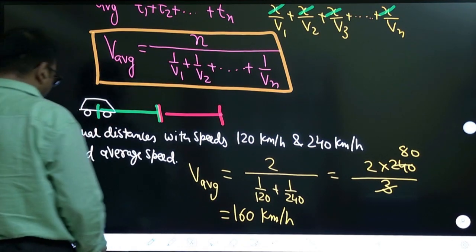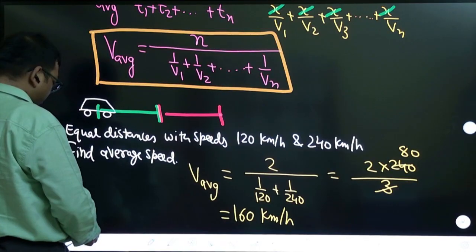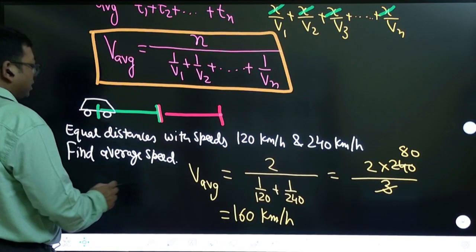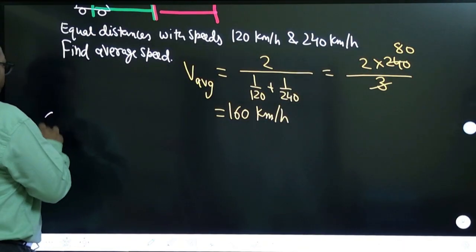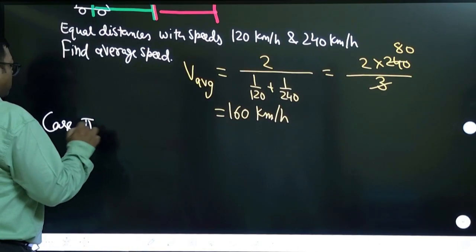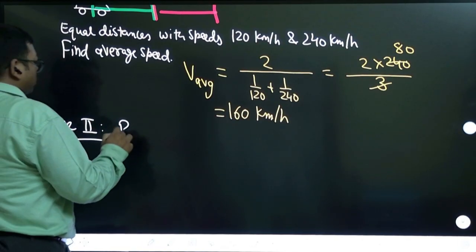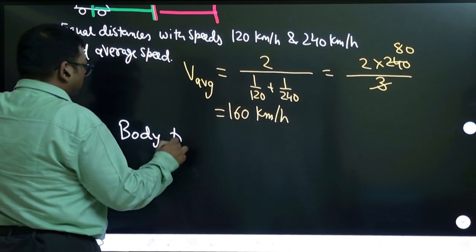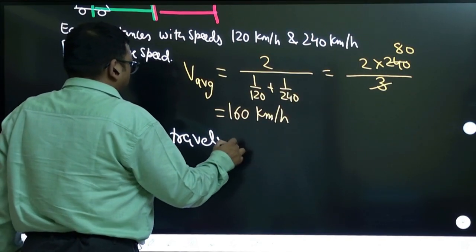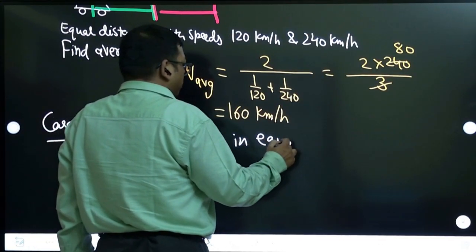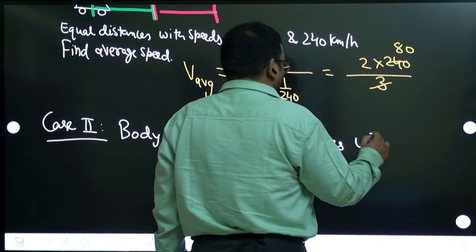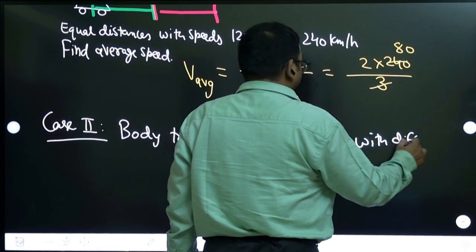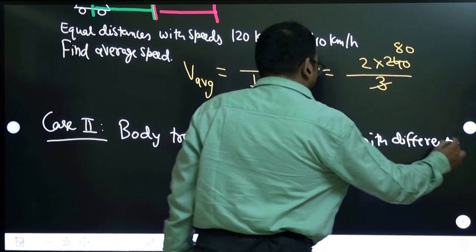So this is the first type of case, and the second case they will give is equal time. Case 2: body travels in equal time with different speeds.